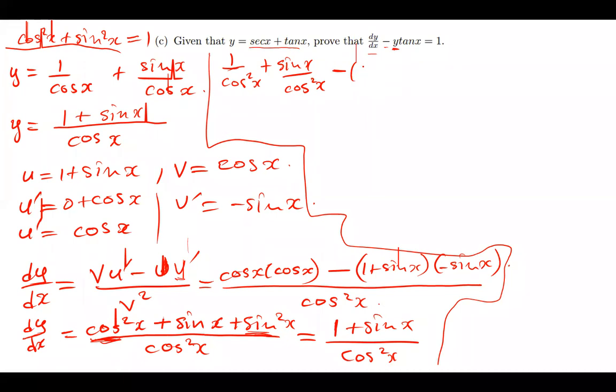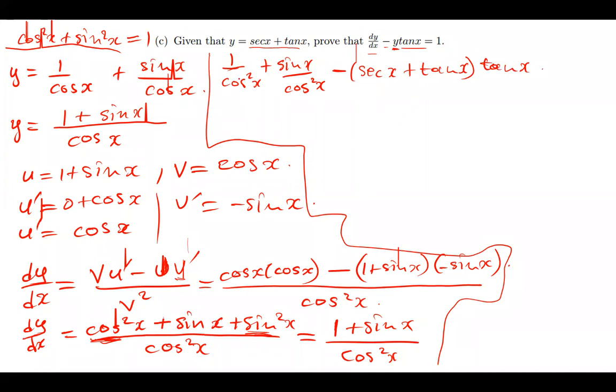I have sec x plus tan x, and then I'm multiplying everything with tan x. So let us prove that this is equal to 1.